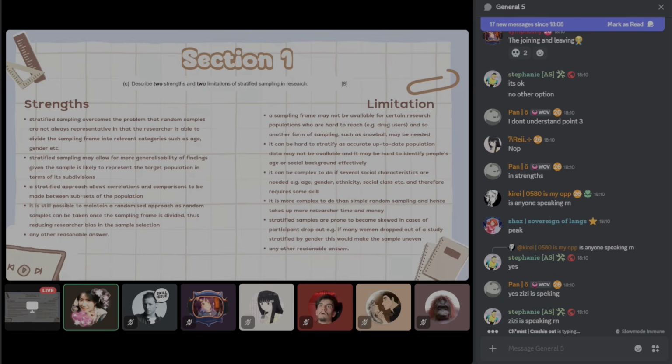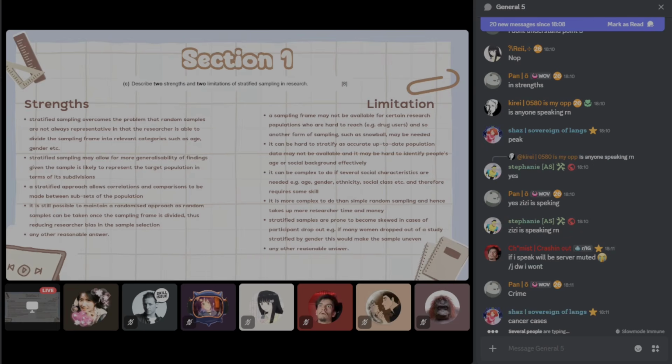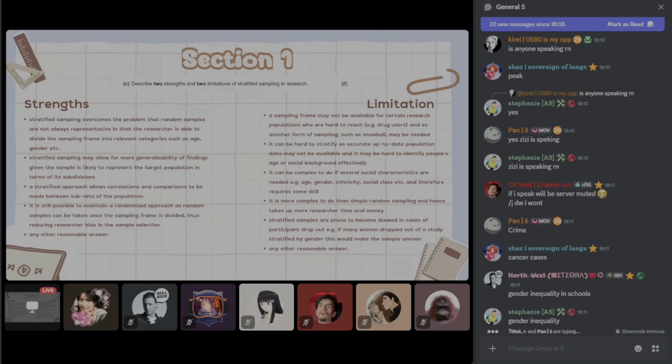So for example, let's say I'm researching about, someone give me an example of a random research topic. Gender inequality in schools, yes. So if it's by classes, maybe they'll say, "Oh, there's not really any correlation at all."